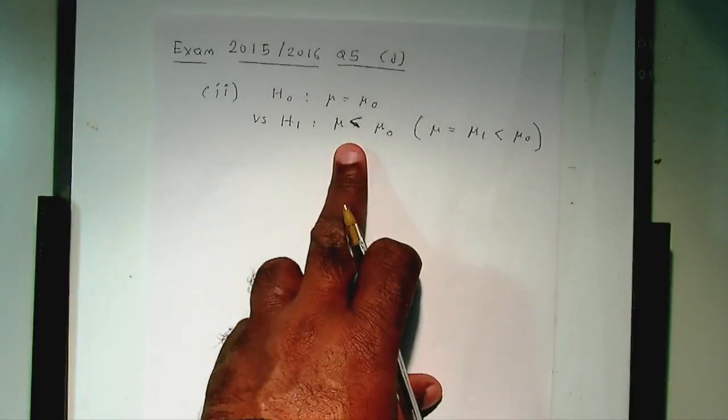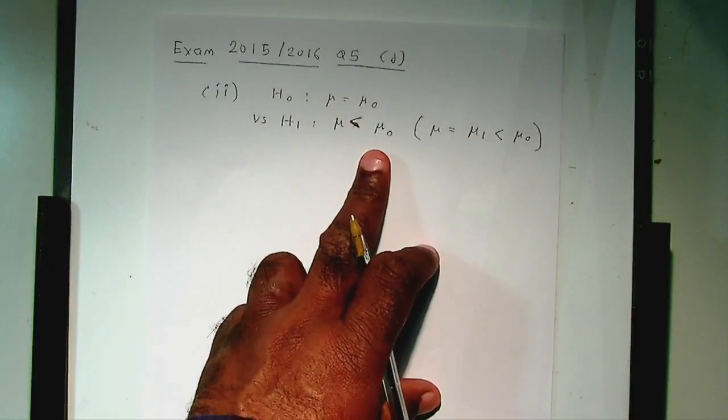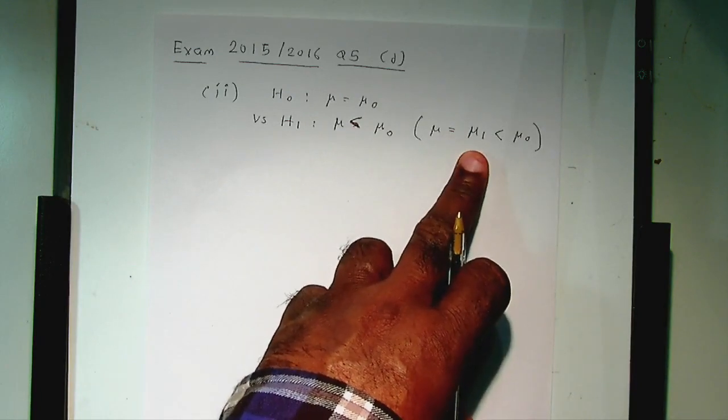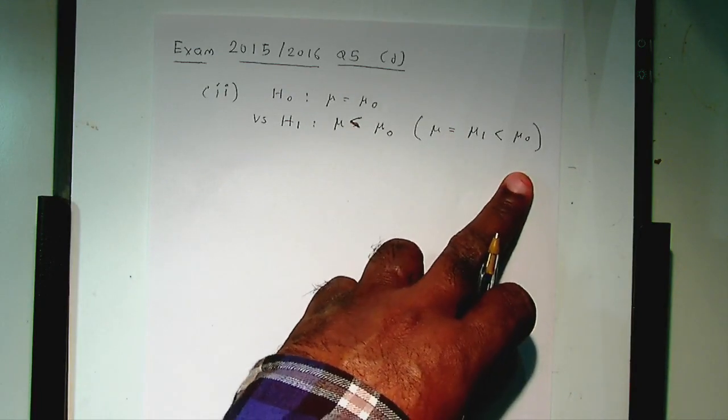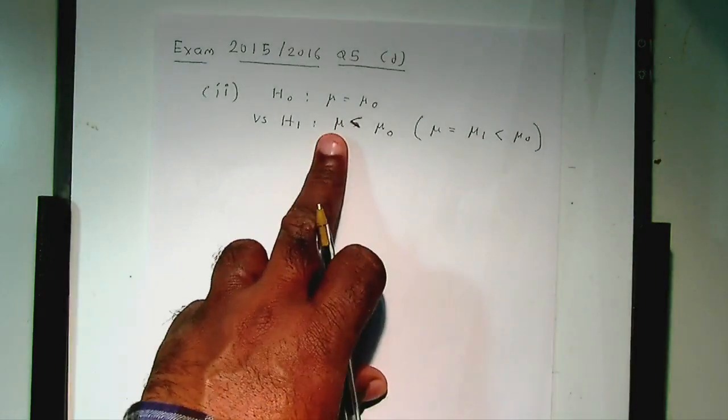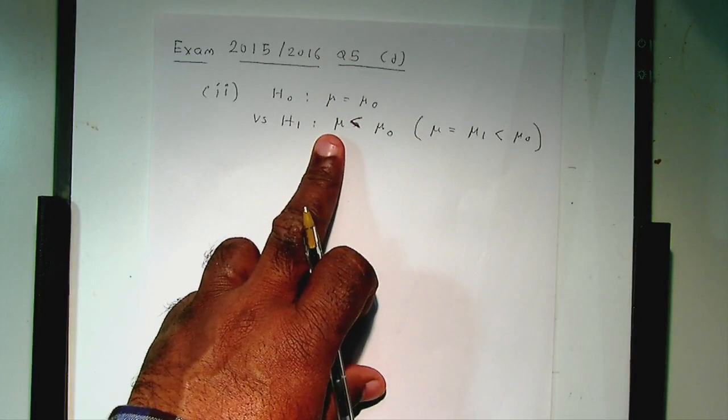So instead of saying that mu is less than mu0, I'm saying that mu is equal to mu1, but mu1 is a number that is less than mu0, right? You see what I'm saying? Because in this current form, you cannot apply the Neyman-Pearson lemma, right?